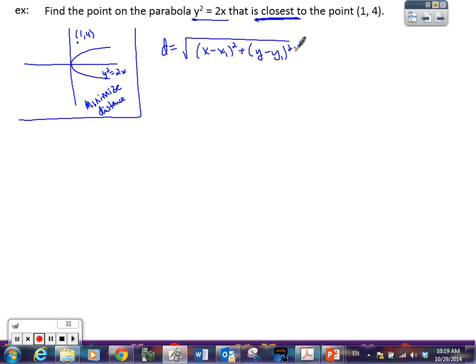Now, it would be to our benefit not to have 2 different variables, just have one, because our work will be easier. We need to decide what we'll do. Certainly this point right here, I went ahead and put as x1, y1. Okay, I put that point in there. I don't want an x and a y. What are my options? What could I do?